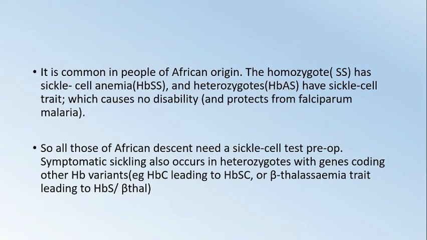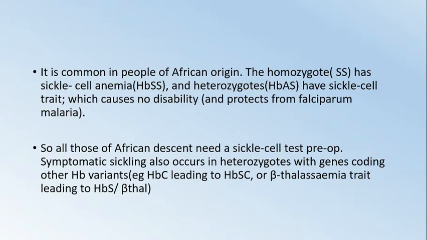So basically, if you are of African descent, from Africa, you really need a sickle cell test pre-op just to be safe, because some people actually found out late. Symptomatic sickling occurs in heterozygotes with genes coding other HbA variants like HbC, leading to HbSC, or beta thalassemia trait, leading to HbS beta thal.